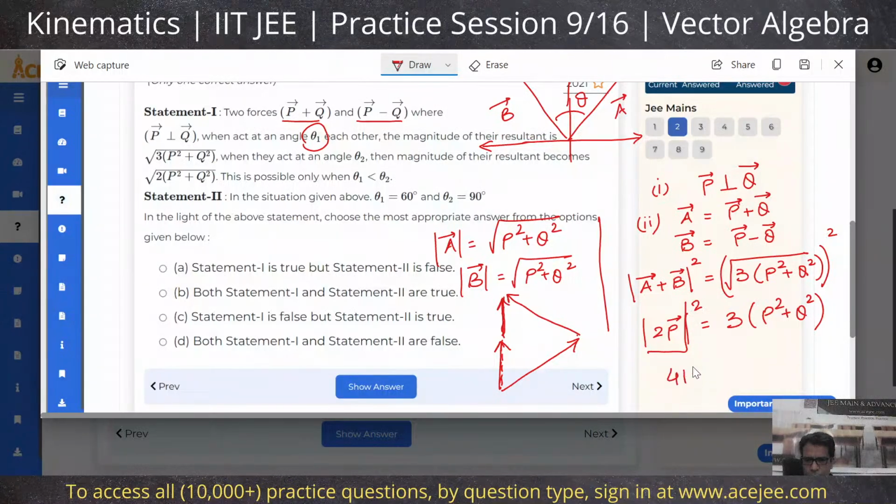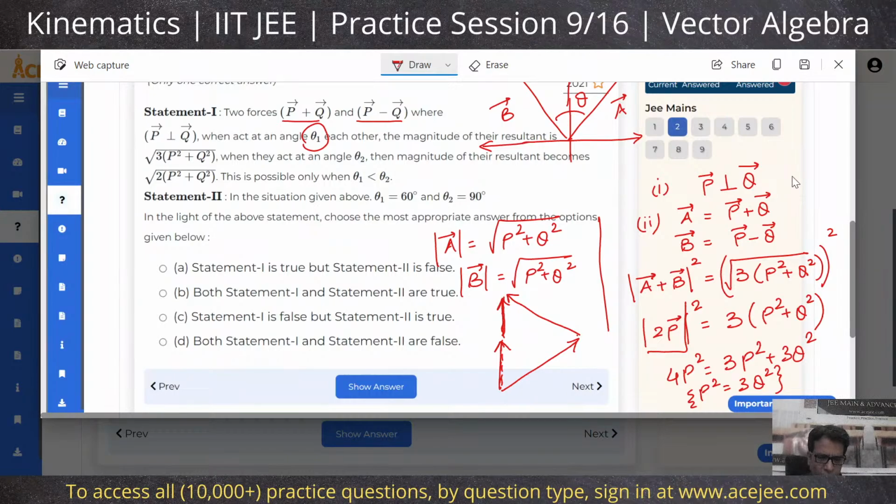So 4P square is equal to 3P square plus 3Q square, or I can say P square is equal to 3Q square. But this is interesting. If I look at the other one, what does it give us? We cannot have that. So how can the relationship swing like this?